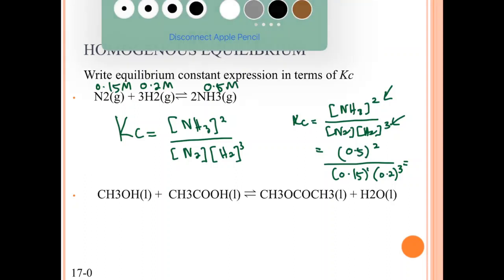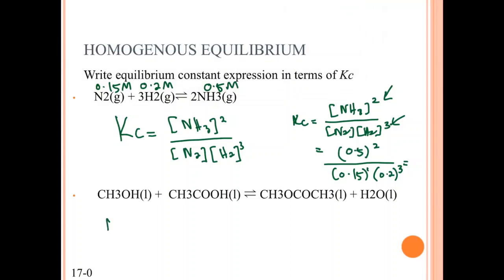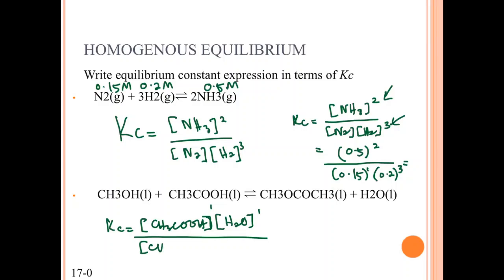So when we write the Kc expression, it will be equal to the concentration of CH3COOH to the power of 1, the concentration of H2O to the power of 1, over the concentration of CH3OH multiplied by the concentration of CH3COOH.